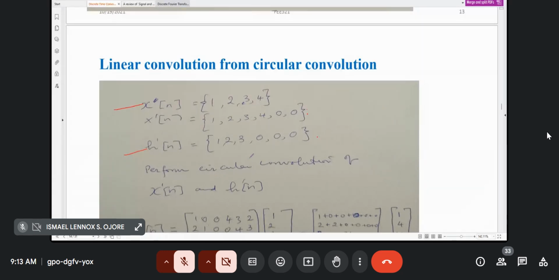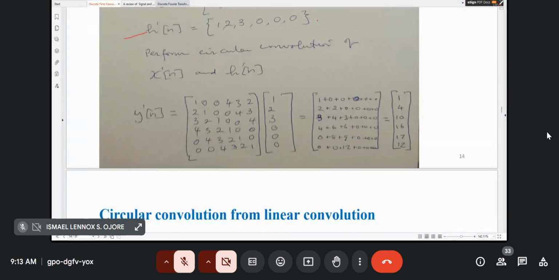I hope everybody understands why we are doing this. L plus M minus 1 is 6, so you have to pad these sequences with zeros so that they become of length L plus M minus 1, and then perform the circular convolution.